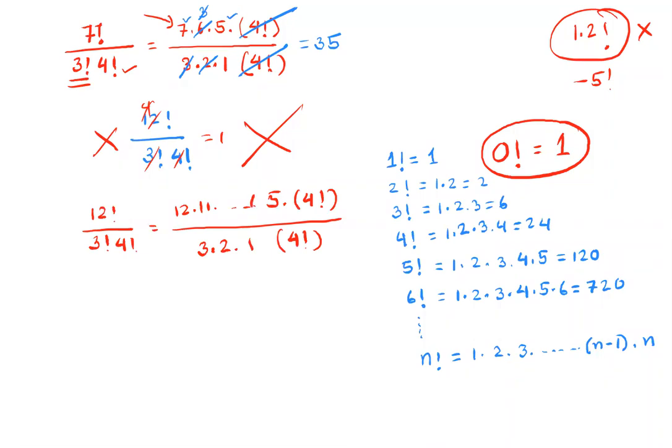There is a 6 here, so 6 and these two are going to cancel out. So your answer is going to be 12 times 11 times 10 times 9 times 8 times 7 times 6 got canceled, 5. And whatever number comes out, that is your answer. However, if you do it the other way, this is completely wrong. Please don't do it. It is wrong. And it's a very typical mistake that students make.